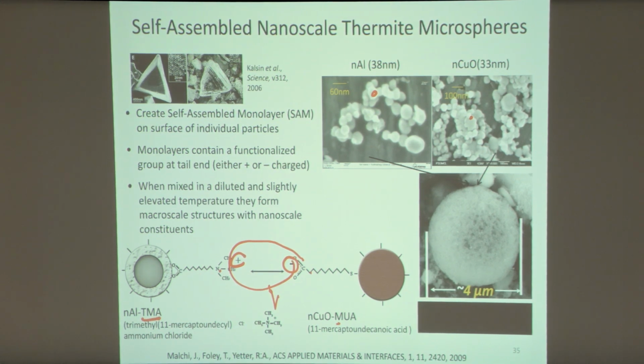So again, a large increase, and the interstitial spaces between the nanoparticles themselves are these ligands. And just to show you, these particles can then be put in a tube, ignited at one end, and they burn very quickly, going through a very small channel.